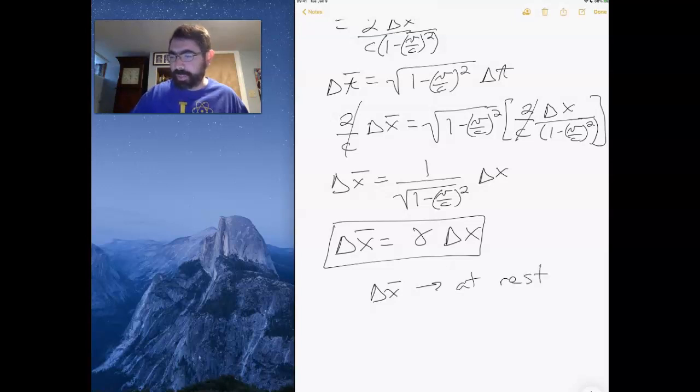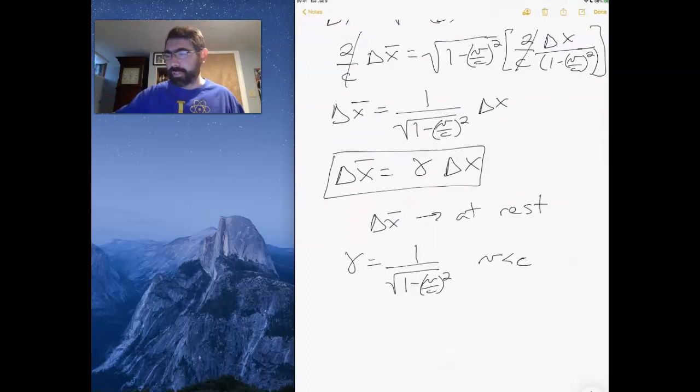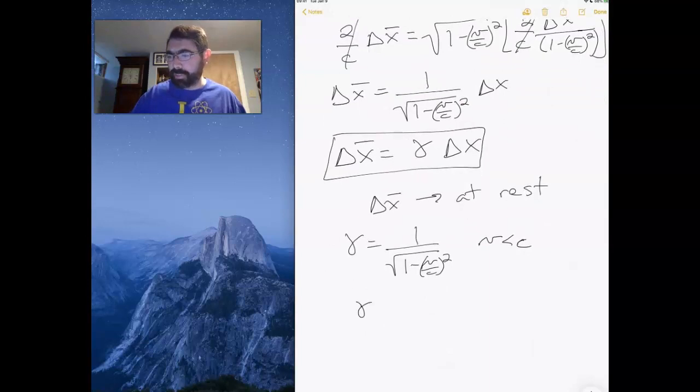Since gamma is 1 over the square root of 1 minus v over c quantity squared, and v is less than c, gamma is going to be greater than 1.